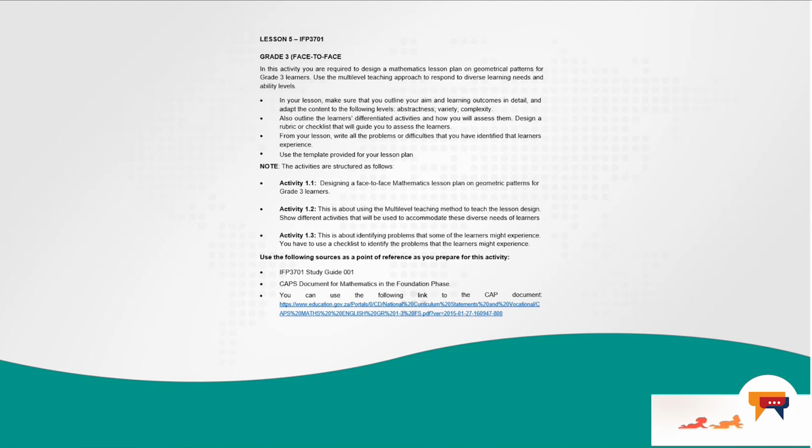Design a rubric or checklist that will guide you to assess the learners. From your lesson, write all the problems or difficulties that you have identified that learners experience. Use the template provided for your lesson plan.